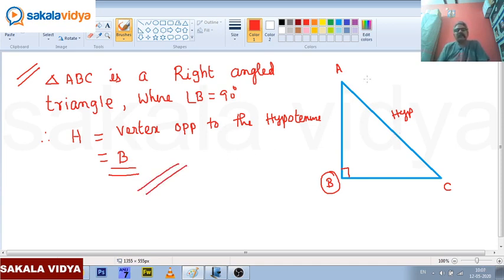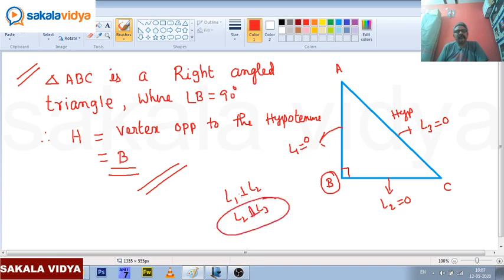For example, if equations of the lines are given, say AB is L1 equal to 0, BC is L2 equal to 0, AC is L3 equal to 0, and you are asked to find the orthocenter of the triangle formed by the lines L1 = 0, L2 = 0, L3 = 0, then we need to check whether L1 is perpendicular to L2 or L2 is perpendicular to L3.